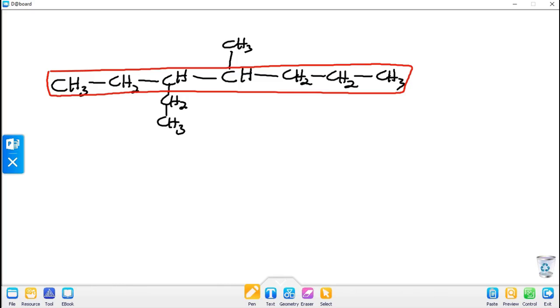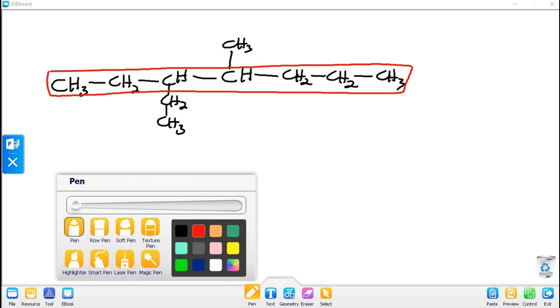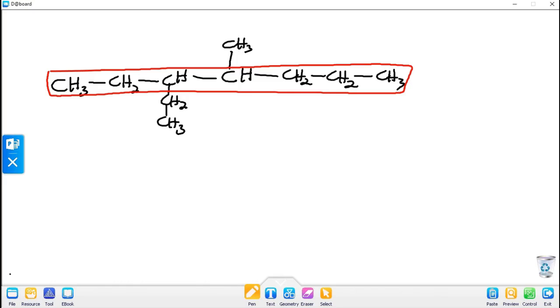Now, I want to make it clear that if a student chooses to go the other way, by taking his or her parent chain by another route, it doesn't make your answer any wrong.